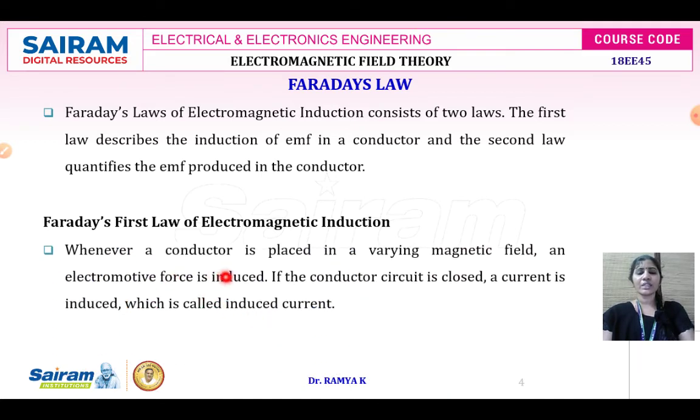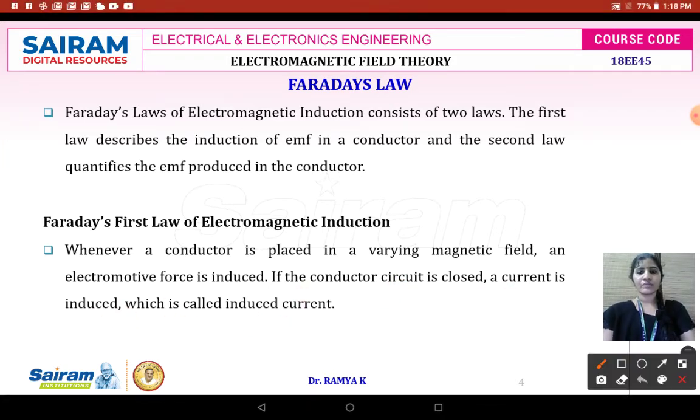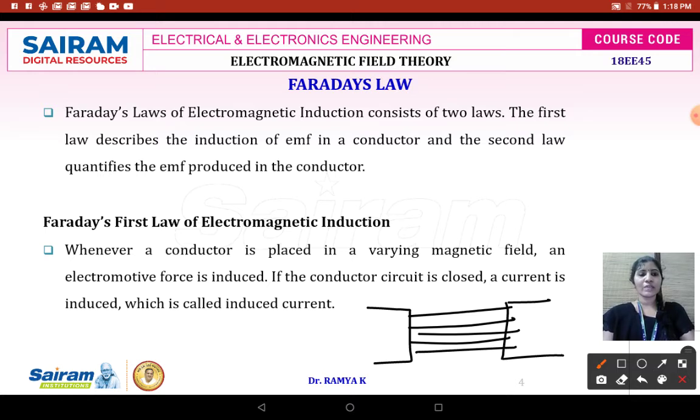Whenever a conductor is placed in a varying magnetic field, an electromotive force is induced. If the conductor circuit is closed, then a current is induced which is called your induced current. Your first law says you have a magnet, where in between the magnet there will be a field existing, because the magnet naturally has the property of having the magnetic field in between them. So if you are placing a conductor, it cuts the lines of magnetic field, thereby an EMF is induced.